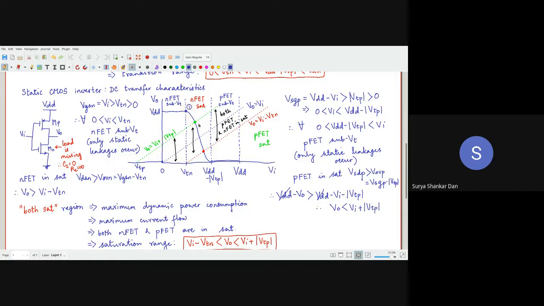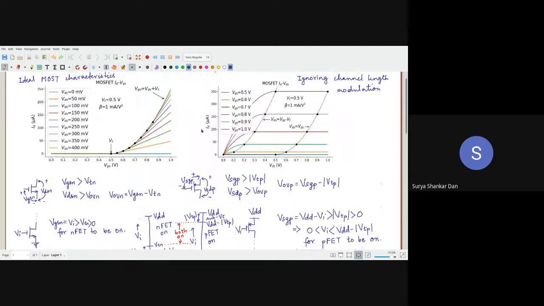In which region? Look, NFET starts conducting here. That means NFET is in saturation. After that, as it becomes linear, you can see all these plots are becoming flat, I mean straight lines. For example, this red color becomes flat after this point. So from here to there is saturation.